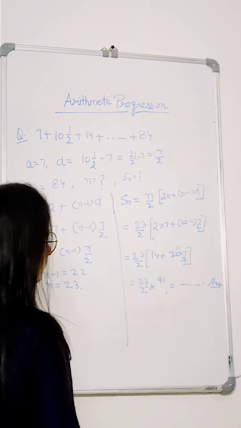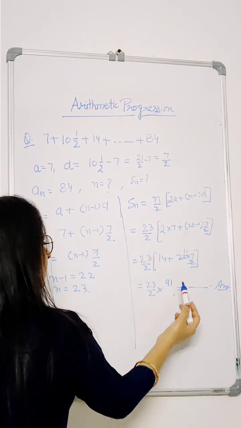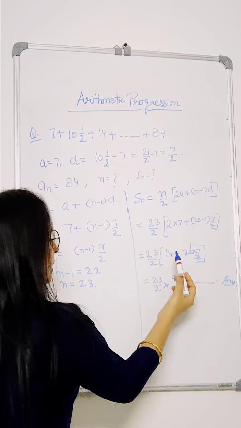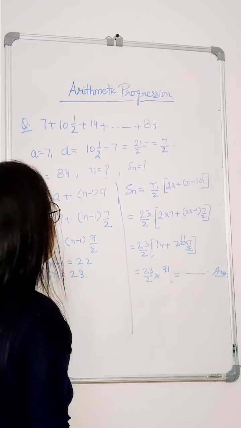Now if we cut 2 and 22, it gets 11. 11 7s are 77 plus 14, 91. It gets 23 by 2 into 91, and you will get the answer.